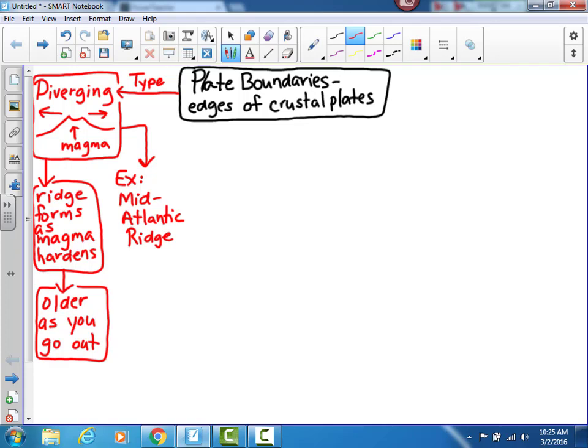That means that the United States and Britain are getting further apart from each other little by little every year. One place where the Mid-Atlantic Ridge comes out of the ocean or is on land is a tiny little country, an island country in the Atlantic. Can you think of what it is? It is Iceland.